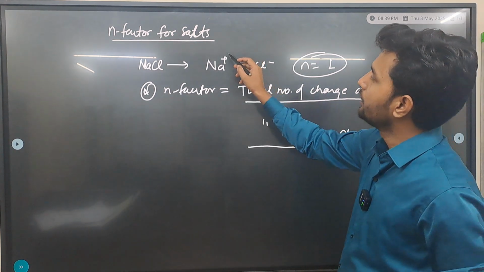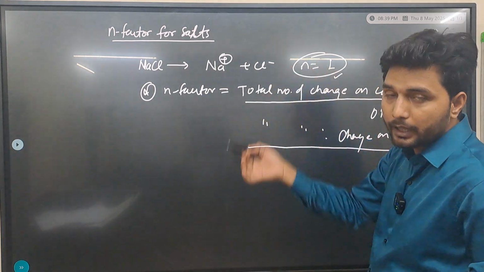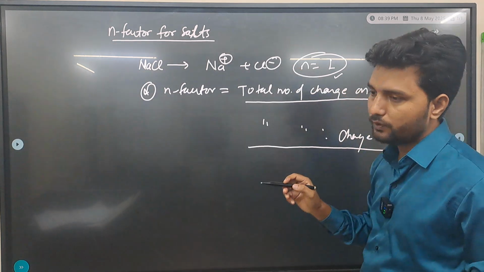So here sodium has one positive charge, so the n factor will be 1, or you can say chlorine has one negative charge, so the n factor will be 1.